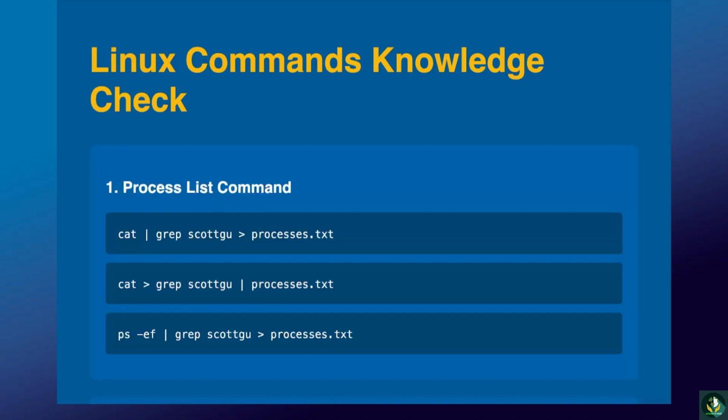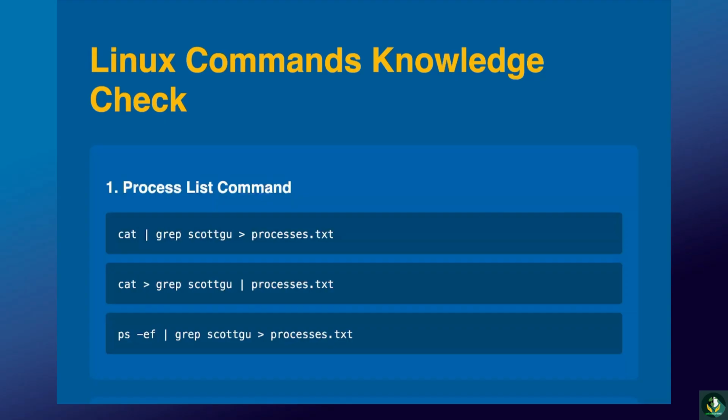Let's have a quick knowledge check on what we've learned in this module on basic Linux commands in Azure and when you use them on local computers. So the first question is the following. Which of the following commands writes a list of processes associated with the username scottgu to a file?